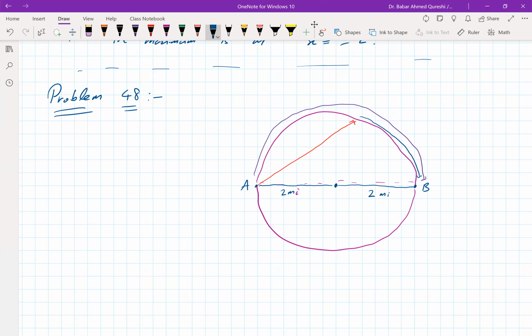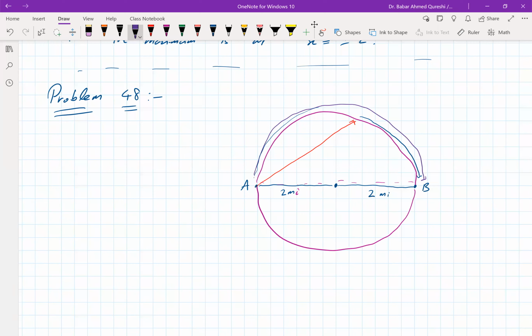If you walk faster, why can't I just walk all the way? Well, in that case, you will be covering a very large distance, so the overall time may increase even if your walking speed is faster than your rowing speed. So it's going to be a compromise: you row for some time and walk for some time. So you have to find a function that tells which one is going to be the best path.